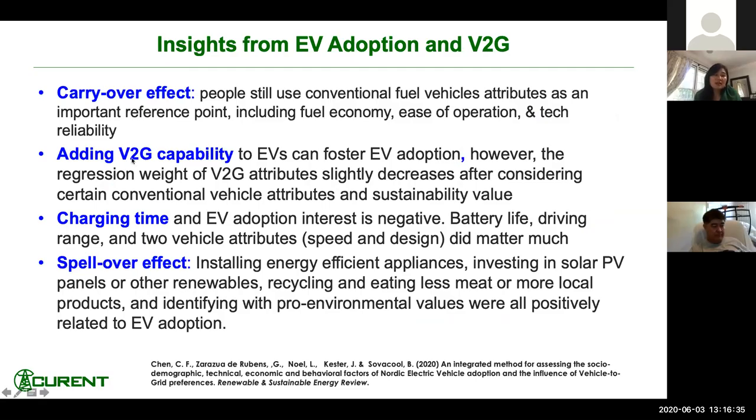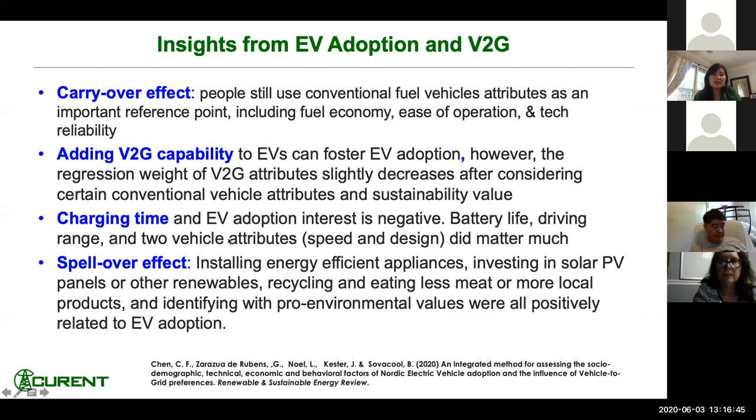And then adding the V2G capability increases the adoption. So some people do think this is important to them to adopt. And then charging time and EV adoption interest is negative, meaning that the longer the charging time, the fewer people are willing to adopt EVs.